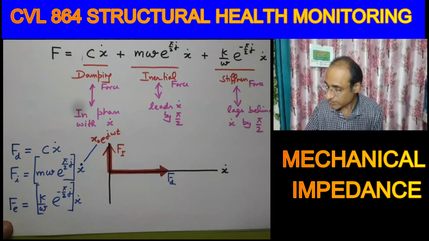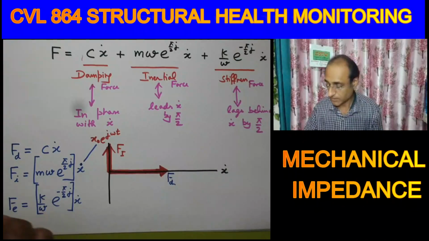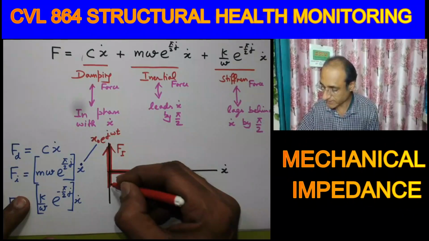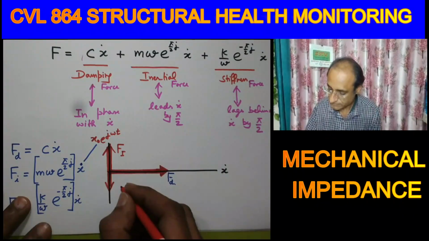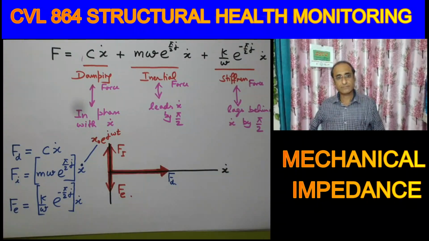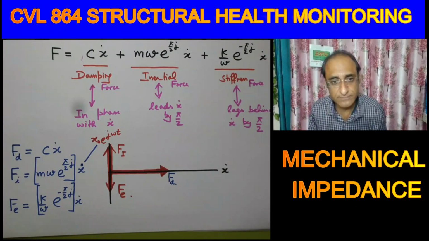So if this is the phasor of the damping force, the phasor of the elastic force will be like this, lagging behind. Is it clear? Any disturbance till now? It is fine.